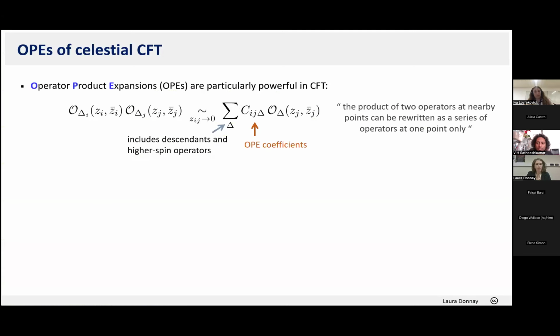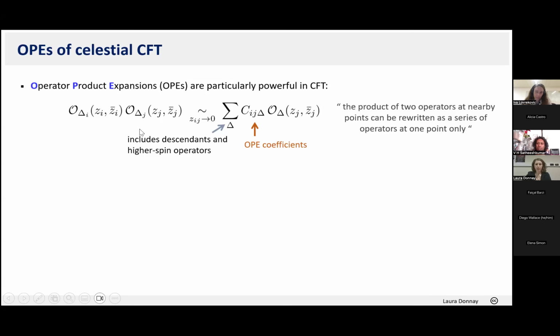Okay, so let me remind you what an OPE is very quickly in a CFT. This is very classical stuff in any CFT course. Essentially, an OPE tells you that if you have two local operators in your CFT, the product of these two operators, when the points become close to each other, can be rewritten as a series involving one operator only at one point.